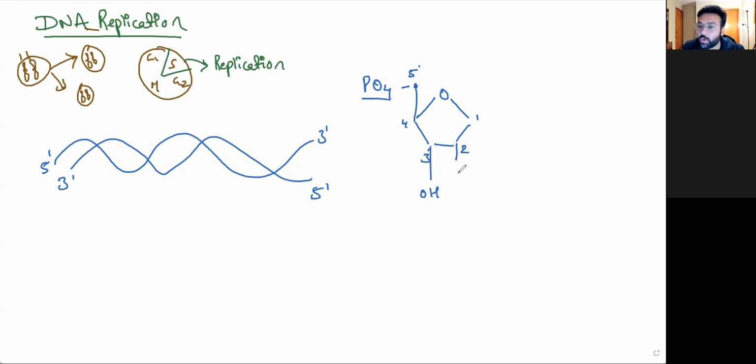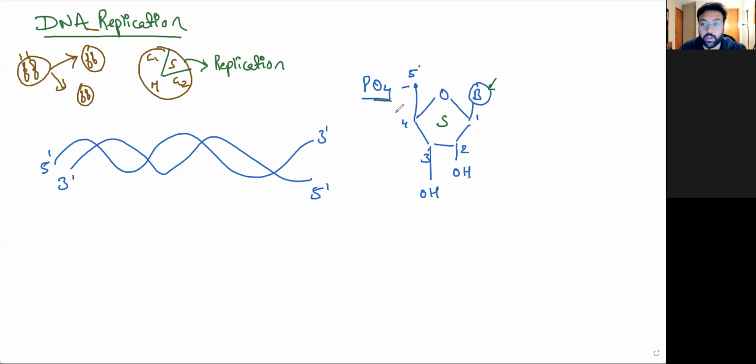And if you also have a hydroxyl group here, then this is called a ribonucleotide. If you don't have a hydroxyl group here, we call it a deoxyribonucleotide. And of course, at the place of one, we have the nitrogenous base. So this is your nucleotide: we have the nitrogenous base, we have the sugar, and we have the phosphate.